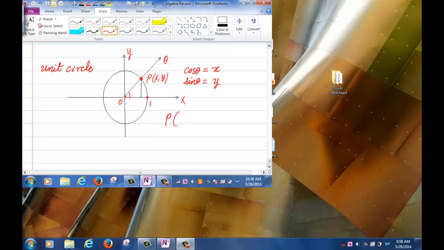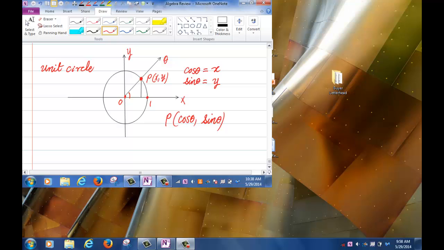This is the angle theta. The point P has coordinates cosine theta and sine theta. So if I have a unit circle, whatever the angle theta is, the terminal side intersects the circle at a point P, then the coordinates of the point P are given by cosine theta and sine theta. You guys realize that?